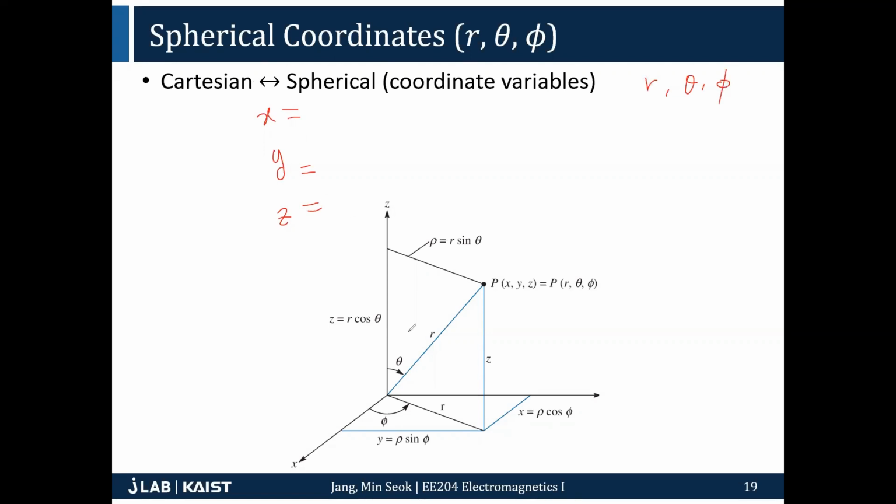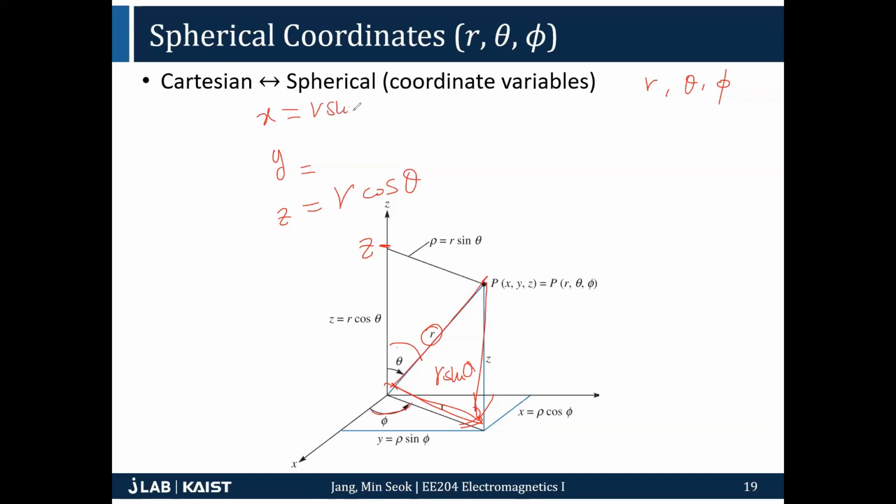Your z coordinate is r cosine theta, right? And then for your y coordinate, you first need to project this onto the xy plane, which is r sine theta, and then take the cosine of it.